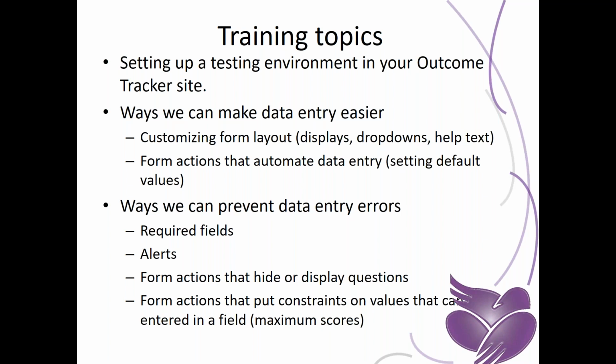These will be familiar to you because we have a few of these on our standard forms already, but form actions are essentially business rules that can hide or display questions, and they can also put rules around how certain questions get answered. A good example of that would be a score in a certain field can't exceed a certain number. So there's a maximum score of 10 that can be entered into a given field.